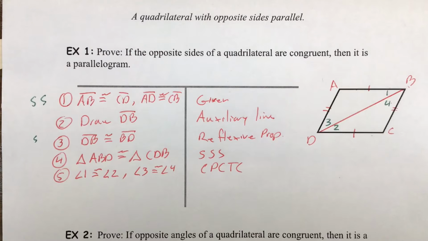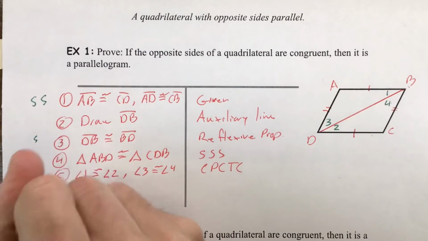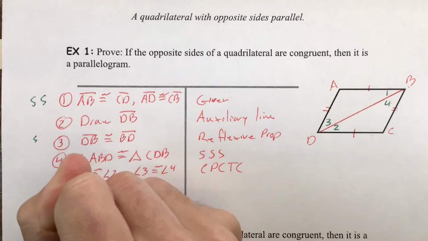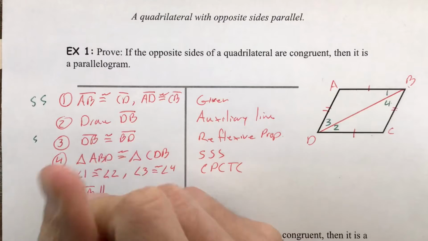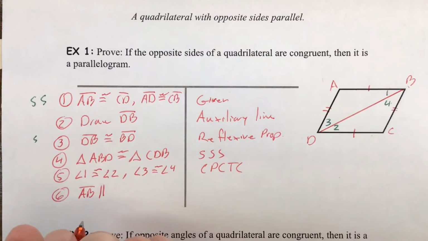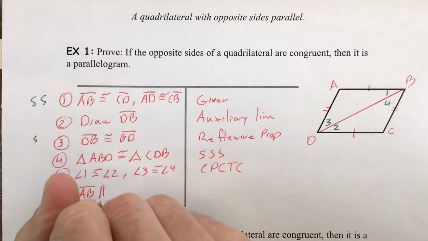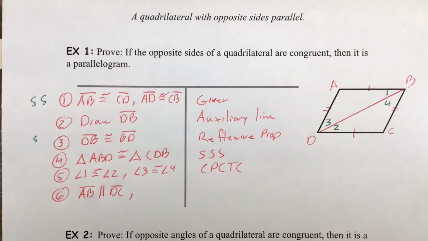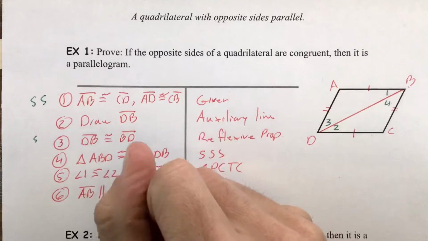What that tells us gets us to the very end here. It tells us that AB is parallel to DC, and AD and BC are parallel.